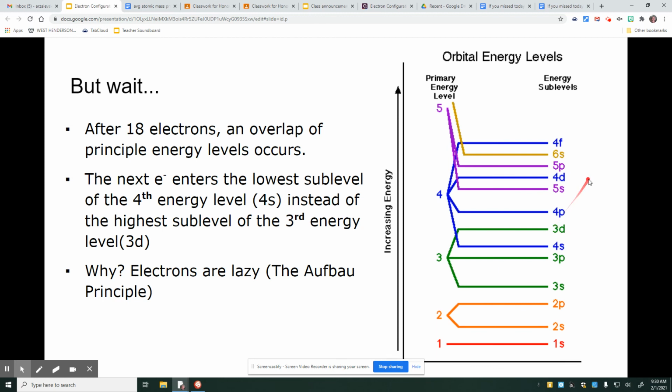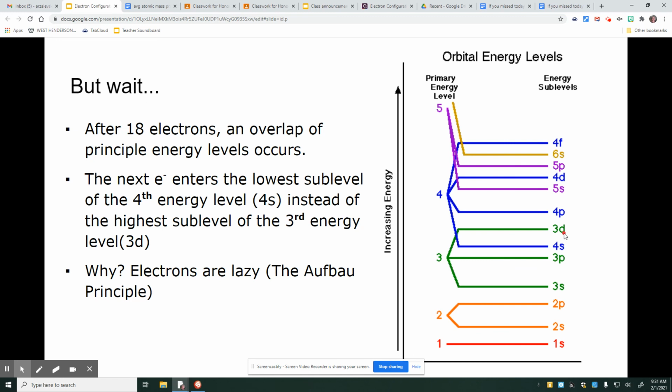So here I have our energy levels in increasing energy, and you can see our little pattern that we had going on: 1s, then 2s, then 2p, then 3s, then 3p. And instead of an electron finishing up the third energy level before it puts electrons in the fourth, it goes ahead and puts a couple of electrons in the fourth energy level. Why? Because it's easier and takes less energy. Then it finishes filling up the third energy level.